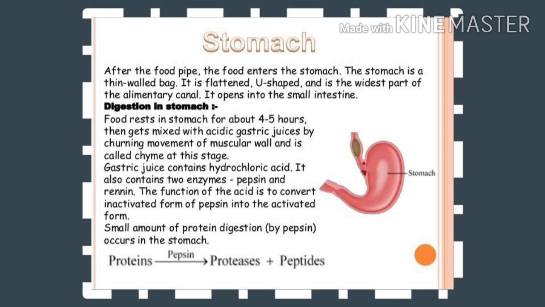So what the hydrochloric acid does is it activates it so that the pepsin can now react on the protein inside your food, and it breaks down into proteases and peptides. So this is one important thing. So you can draw this stomach in the human digestive system, the human alimentary canal. So now let's see what are its functions.